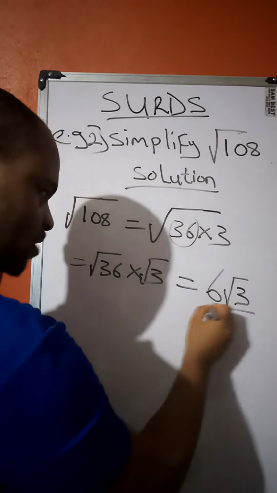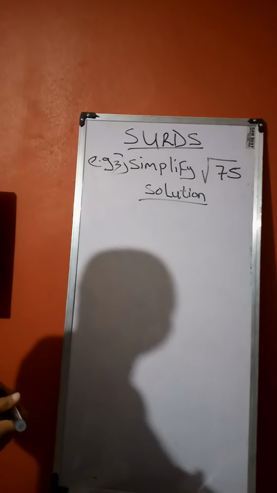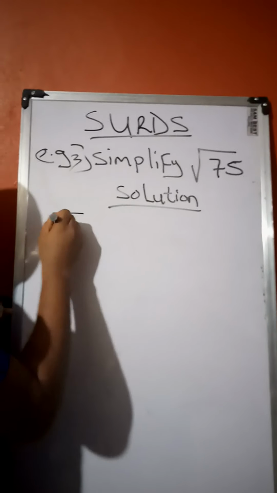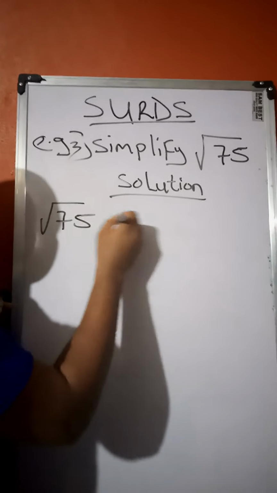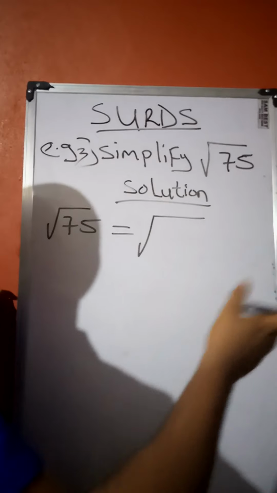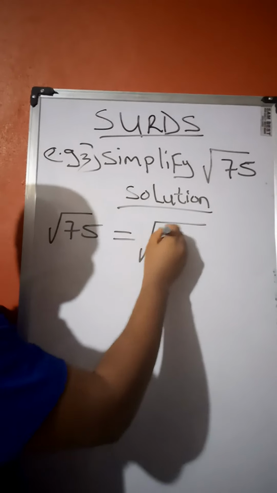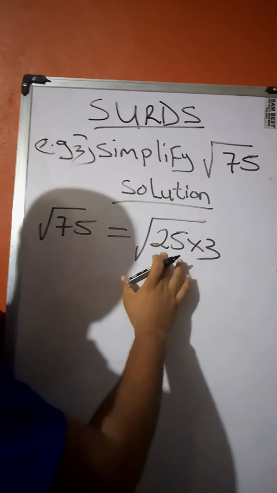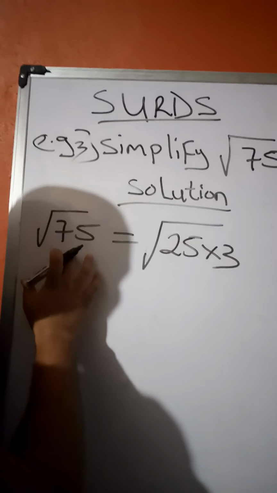We are going to take the final example in reduction of surds. Example 3 says simplify the square root of 75. Just as we've done in the other questions, all you have to do is to reduce 75 to the square root of a perfect square times another rational number. Now 75, I know it is the same thing as 25 times 3. If I multiply 25 times 3, I will get 75.